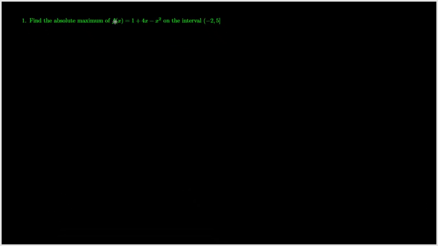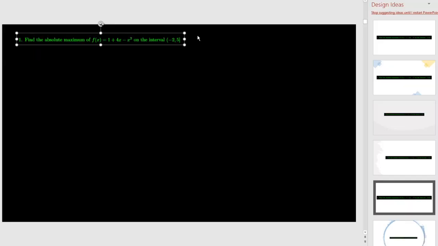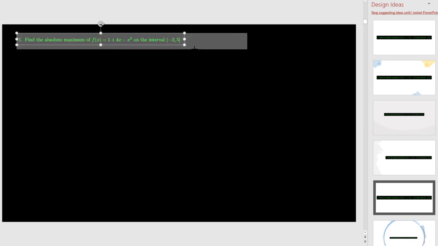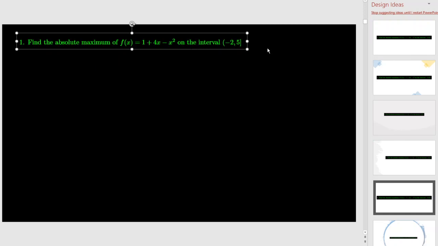Now question 1. It's possible to solve this question using high school math. The function is a quadratic function, right? You know the graph is a parabola. In high school you have learned many properties about parabolas.